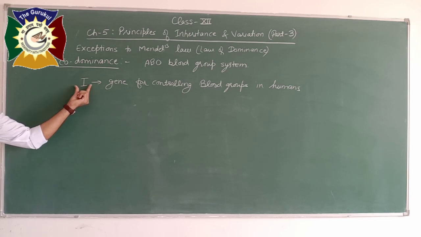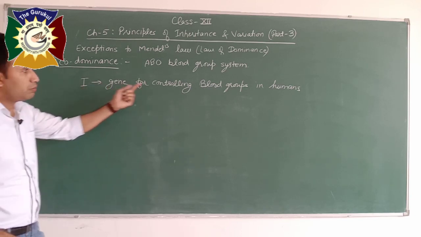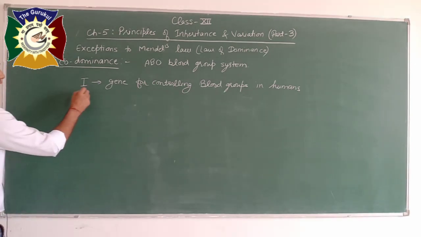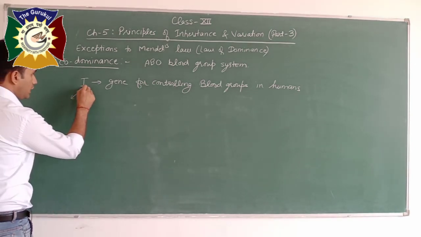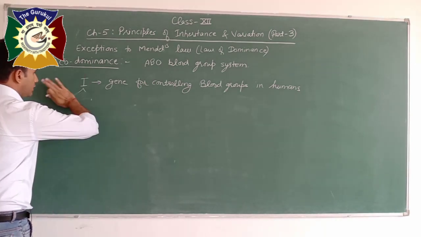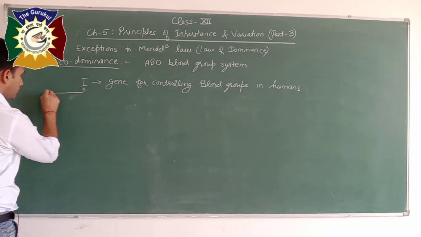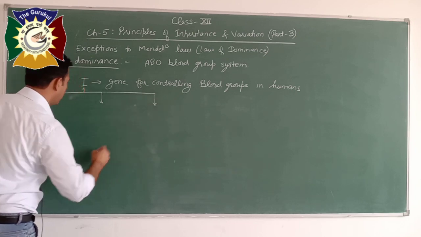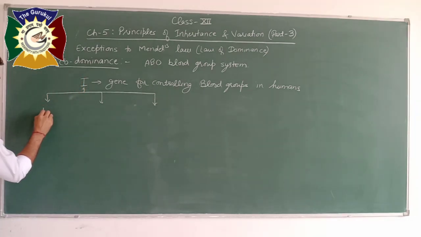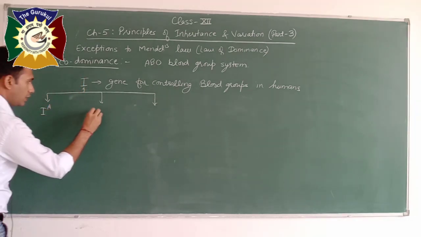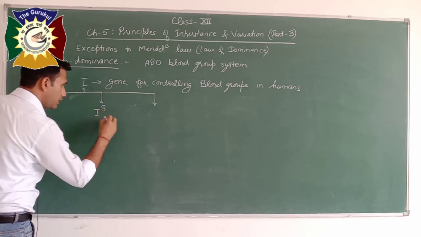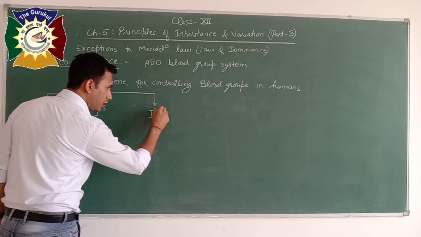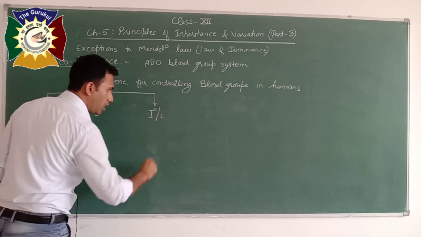Now this gene, which is controlling blood group, has 3 different types of alleles: IA, IB and I naught, or we can represent it with small i.